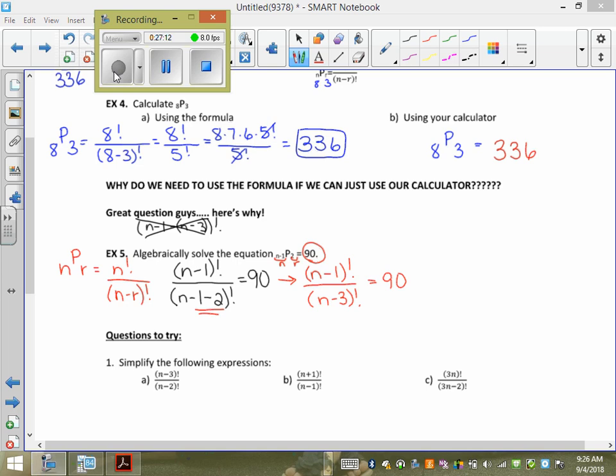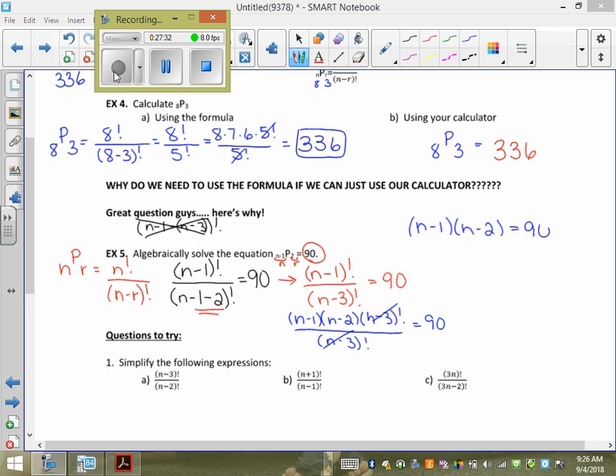I can fill in a 20 for all it matters. So n minus 1 is bigger. So I get n minus 1, n minus 2, n minus 3 factorial over n minus 3 factorial equals 90. These cancel, and you get n minus 1, n minus 2 equals 90.